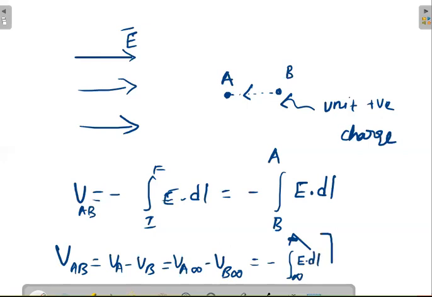Anyway, this is one factor. Then common minus comes, integral point B to A, E dot dl. Then this is my final answer. And please, both are same.